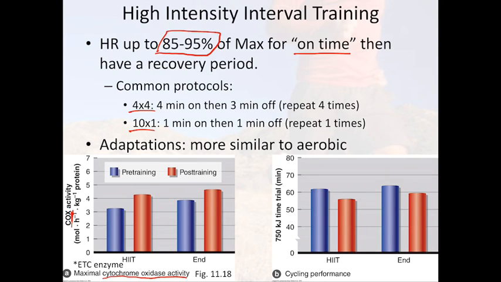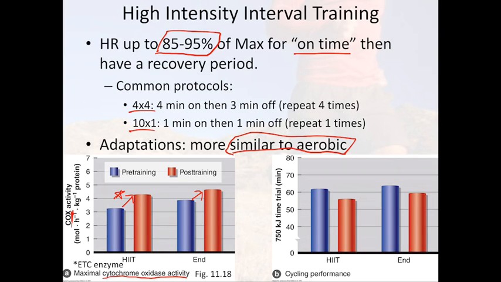Really what we're seeing here is increases very similar to the same increases we would see with normal endurance training. That's the bottom line: the adaptations we see with HIIT are very similar to the adaptations we would see with aerobic, continuous type exercise. But sometimes those adaptations are more powerful, and that's really what we're seeing here.